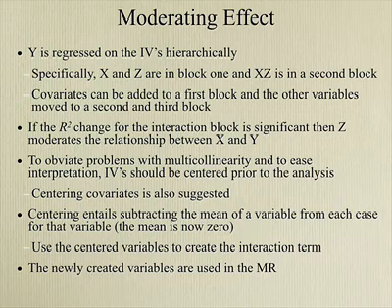And then we use the centered variables to create the interaction term. So we center the x variable, we center the z variable, and then we take the two centered variables and multiply those together to get the interaction term. And then we use these newly created variables in the multiple regression. Easy enough?